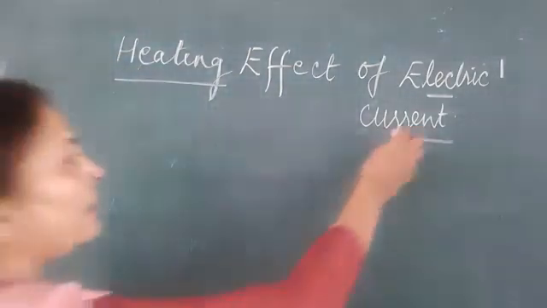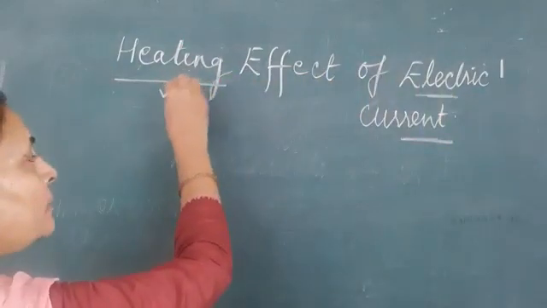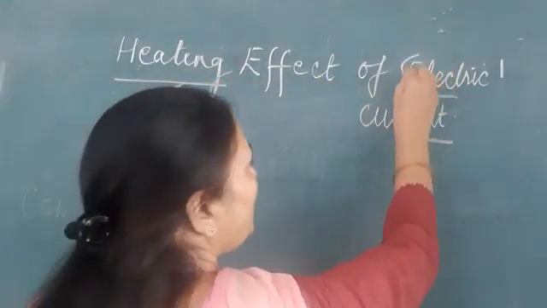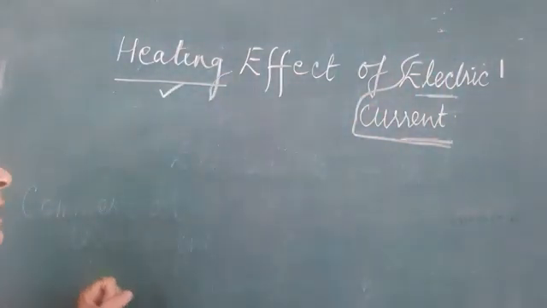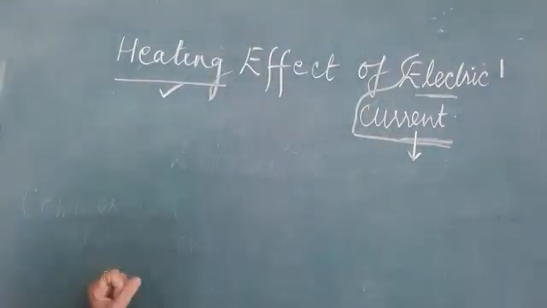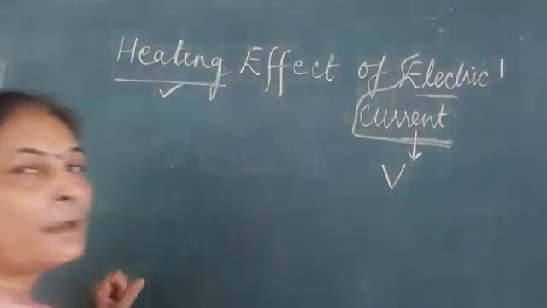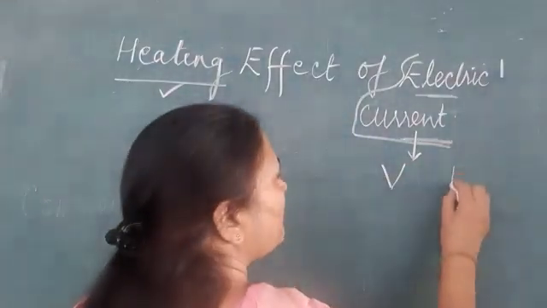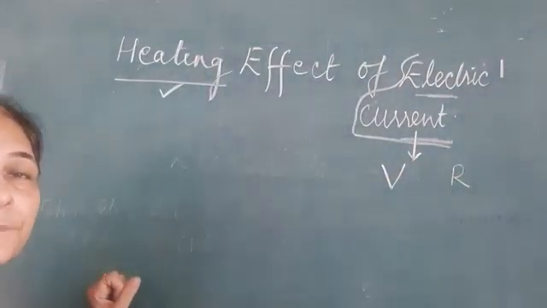When I say heating effect of electric current, it means this heat energy is somehow coming from this electric current. And from where is the electric current coming? When you apply a potential difference across a given resistor or a given conductor.